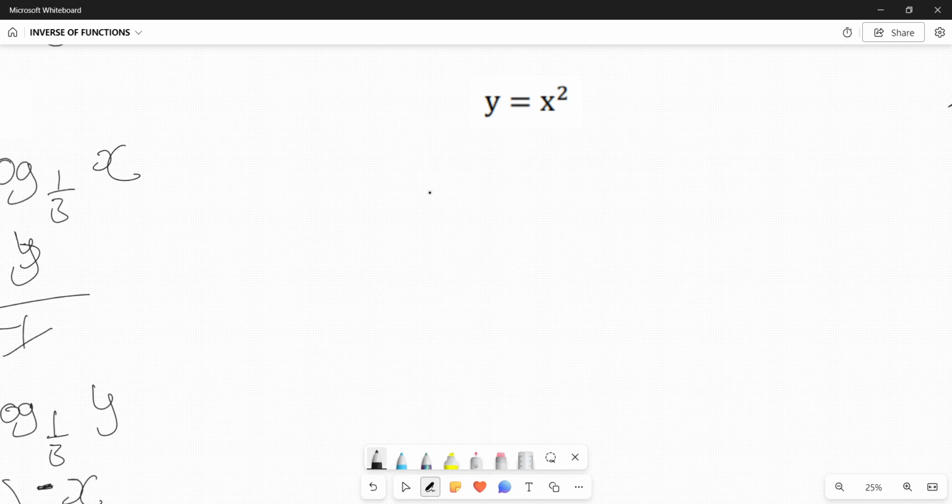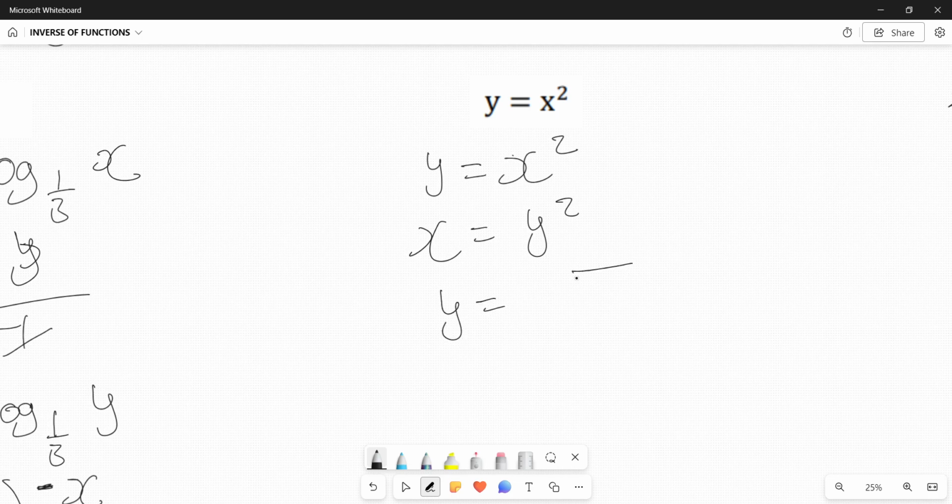Let me rewrite this firstly, x squared. So now let's swap x and y. It will be x equals y squared, right? So now solving for y, we'll have y equals plus or minus square root of x. So now this will have a ratio of 2 is to 1.